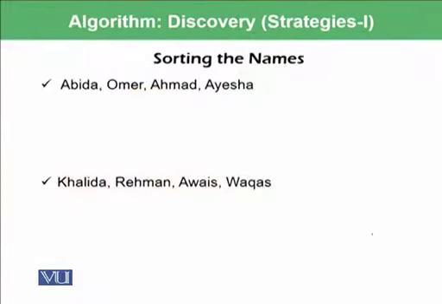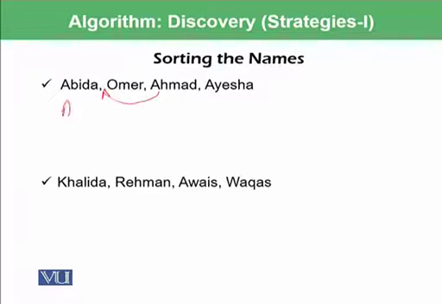Let's have an example of it. For example, if you have these four names, Abida, Umar, Ahmad, and Aisha, and you want to sort them. The first procedure would be that you need to put Ahmad between Abida and Umar.